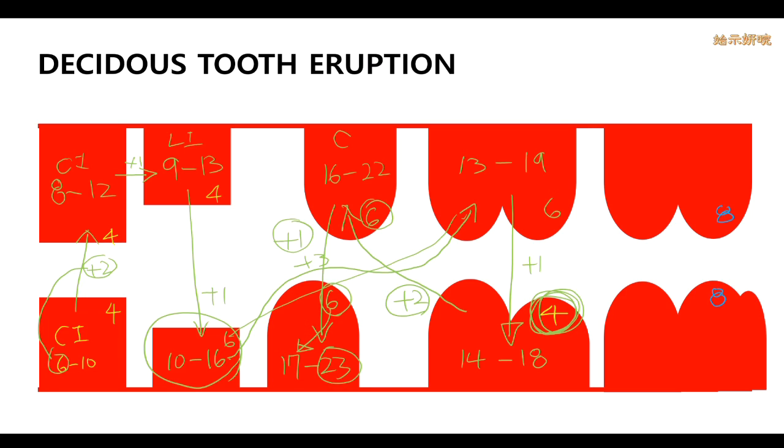Oh, this 23 is very special. It could move to the second molar of the mandible. So 23, it starts with 23, which was the end number of the primary mandibular canine, right? Or you can also add here 6 to the first number.